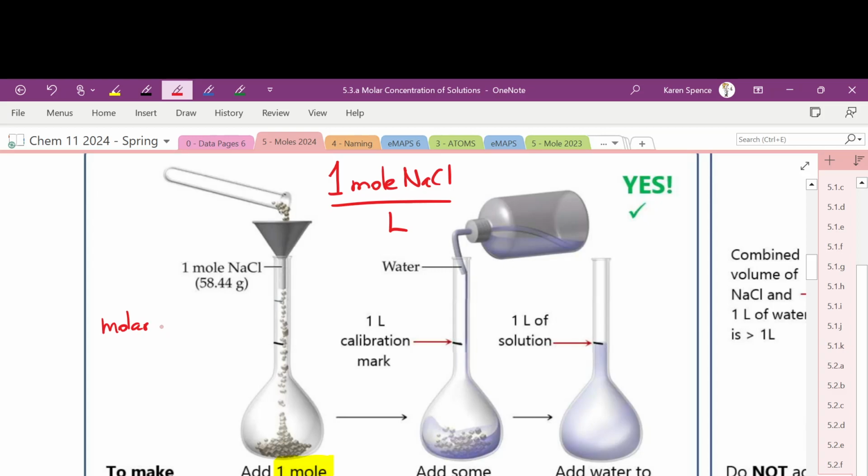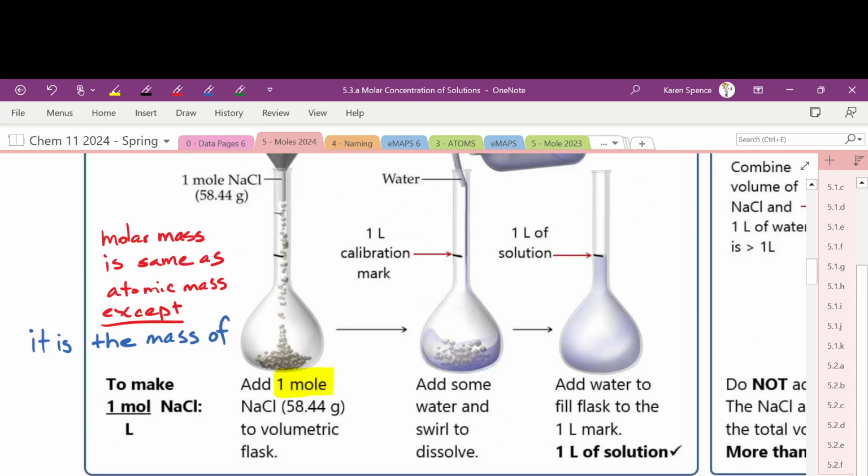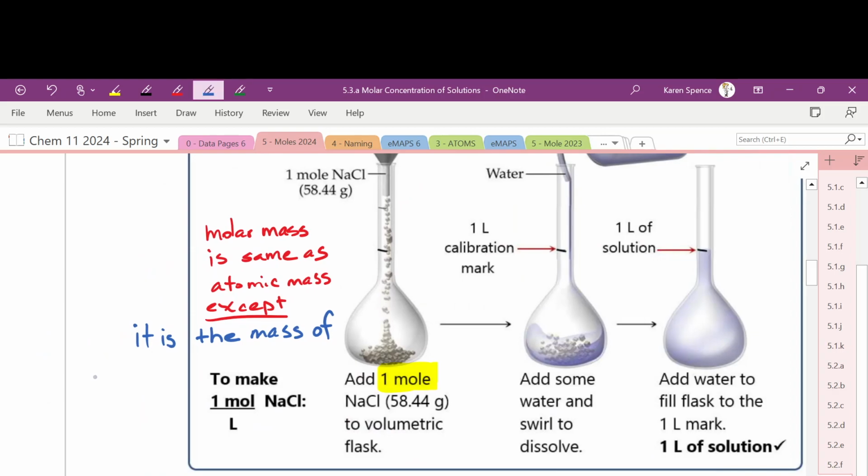Molar mass is the same as atomic mass, except it is the mass of how many particles?